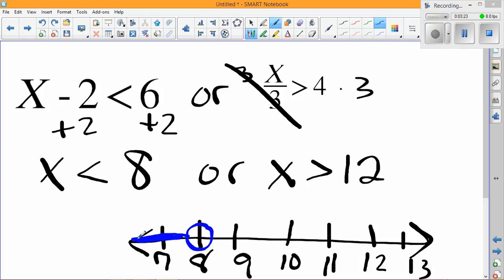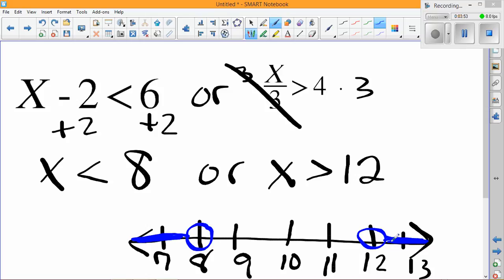And on the other side, we have x is greater than 12. It cannot include 12 because there's no equals to sign underneath the greater than sign. And since it's greater than, I'm going to shade to the right. And it's that or that. It could be on the left-hand side or it could be on the right-hand side. It does not matter. The solutions are many in number.